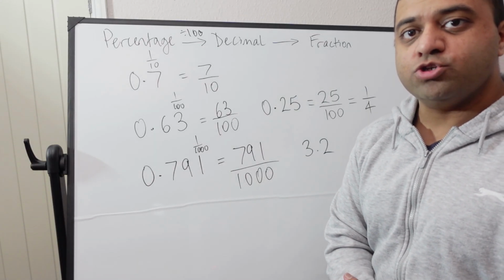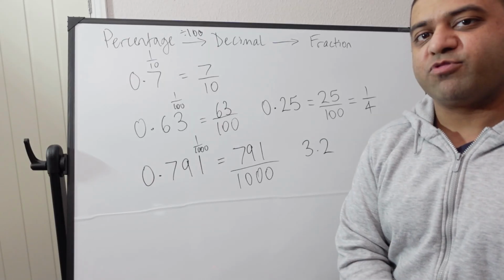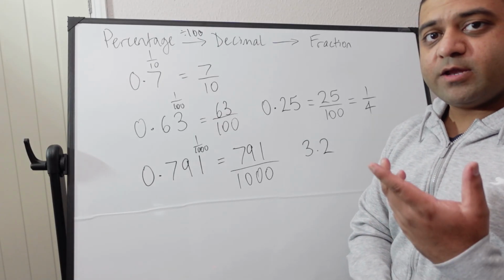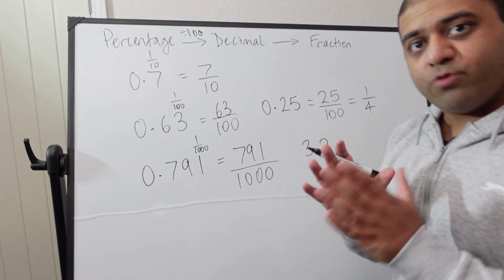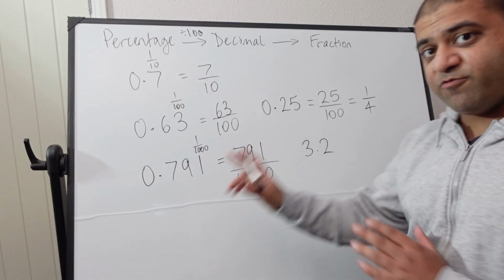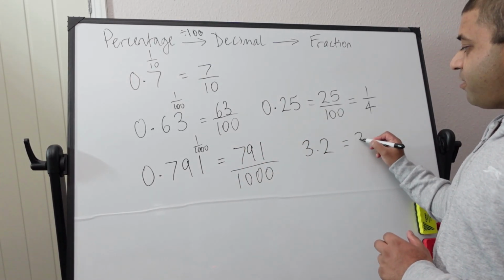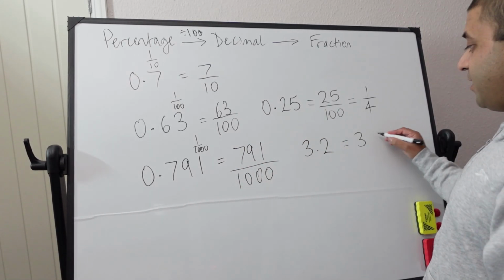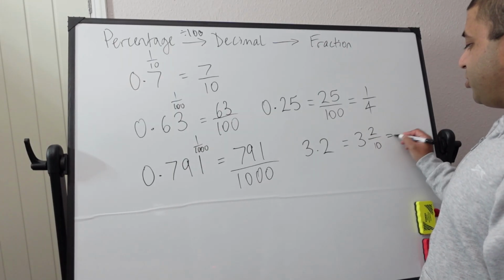1 into fractions. For example, here we have 3.2. We can have a mixed number where we ignore the 3 and any numbers before it and have 3 and 2 over 10, which would be 3 and a fifth.